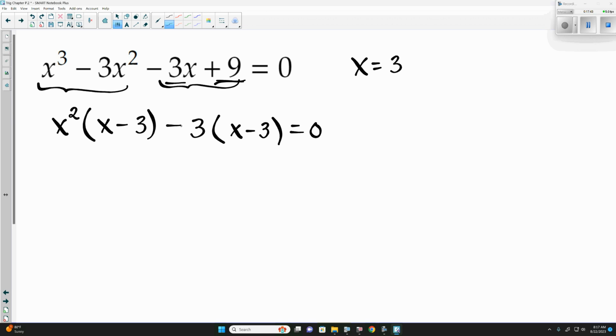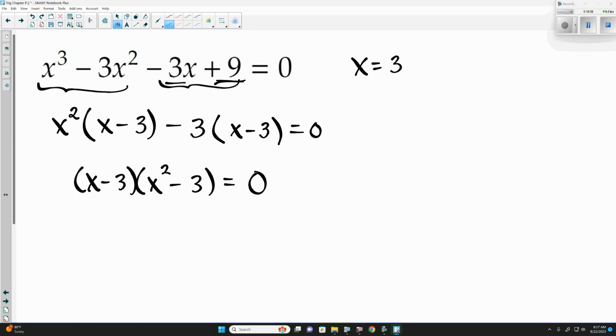Because factoring out a negative 3 from negative 3x gives us positive x. Taking out a negative 3 from positive 9 gives us negative 3. So once we find one, we can use it to find the other. Now again, at this point, we do have x minus 3 in common with both. And we can factor it out.